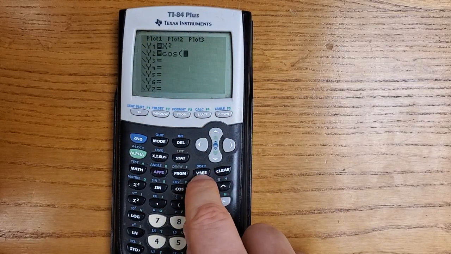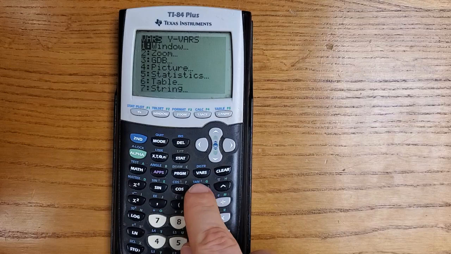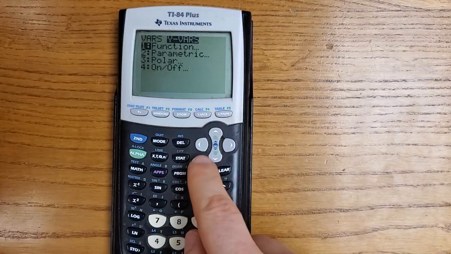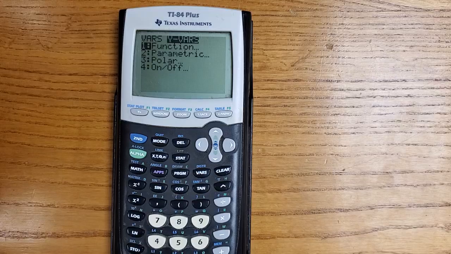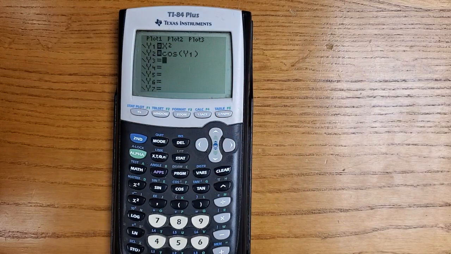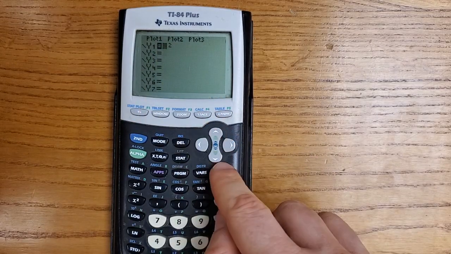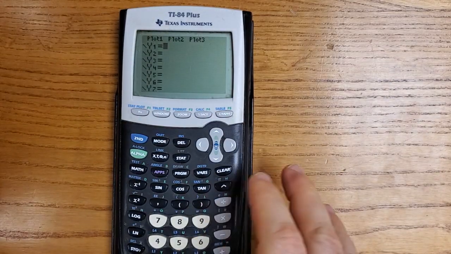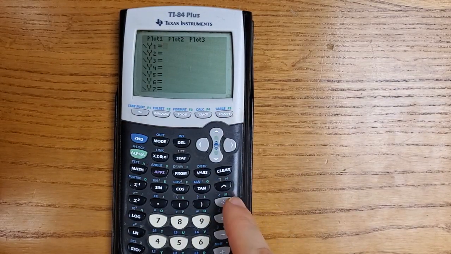So you can go to the vars menu and arrow over to the y vars and select the function, and then fill in the y1, and that would give you the cosine of x squared. Or you could just type it all out again, but maybe the y1 is long and you don't want to have to type it all out again.